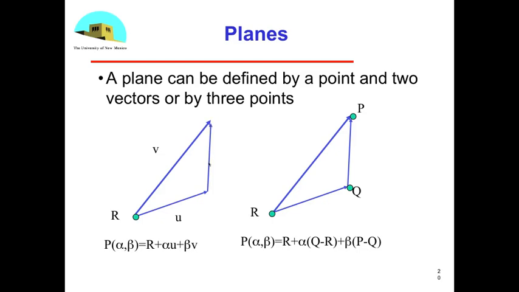So it's like the vector sum. And if I now start considering all of the points P plus alpha u plus beta v, I in fact have defined a plane. Now notice again why this makes sense. Beta times v is a vector, alpha times u is a vector, vector plus vector is a vector, and a vector plus a point gives me another point.